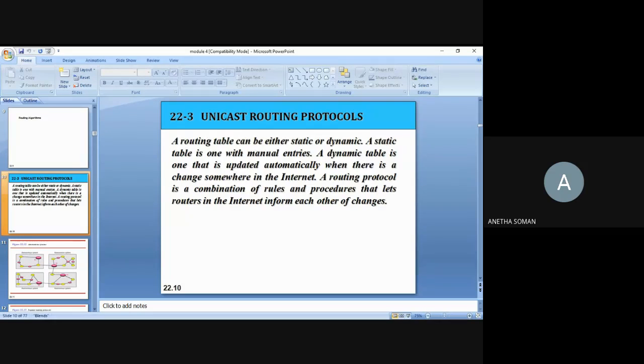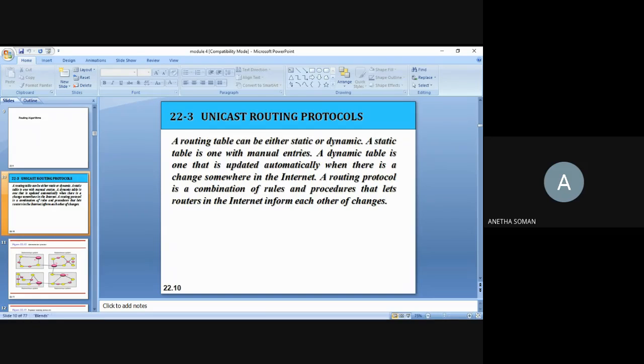I have told you routing table can be of static type or dynamic type. Static means the one with manual entries. A dynamic one is the one which is updated automatically whenever you have a change in the internet.